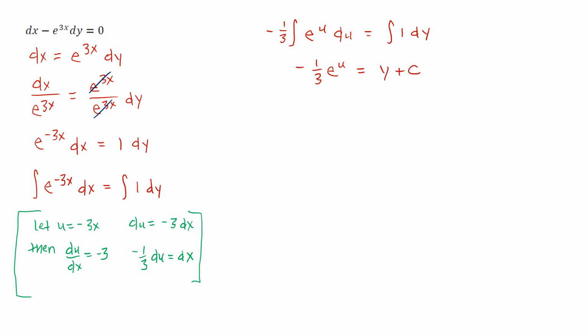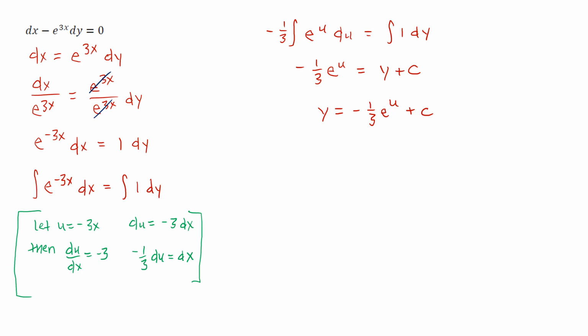Okay, so now I want to get y by itself to write out my solution. So I'll have y equals negative 1/3 e to the power u plus c. Okay.